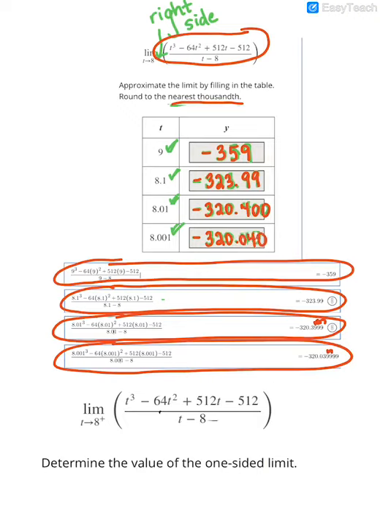So as I'm getting closer and closer to the 8, these values go from negative 320.4 to negative 320.04. So what we're saying is that they are getting closer and closer to a y value of negative 320. So that would be that one-sided limit.